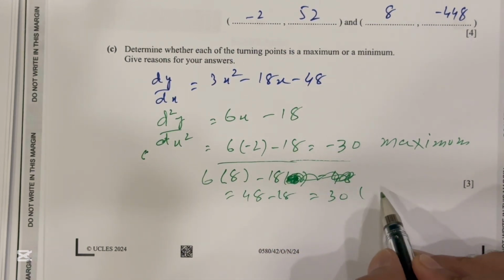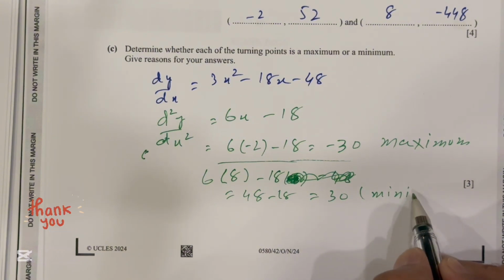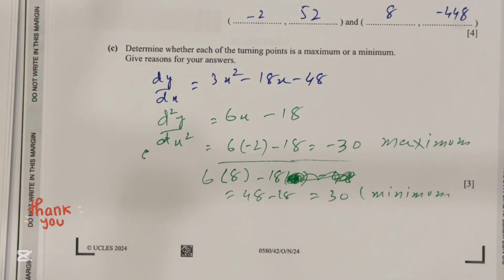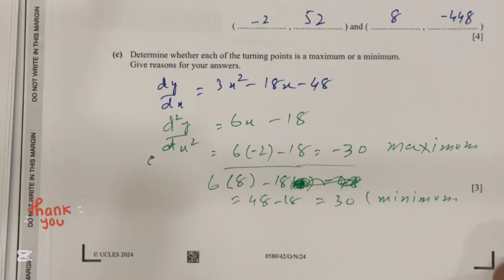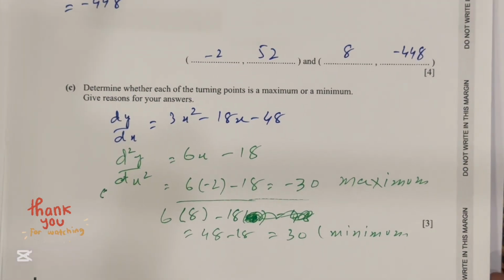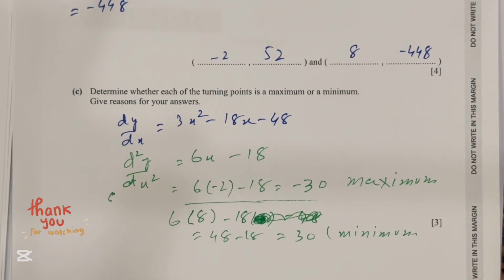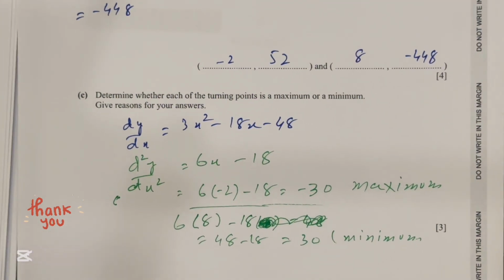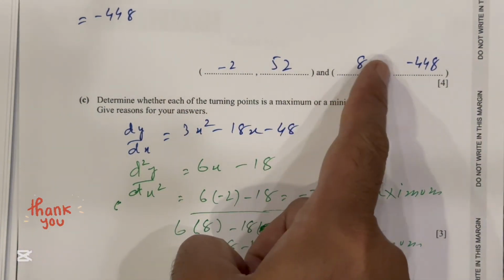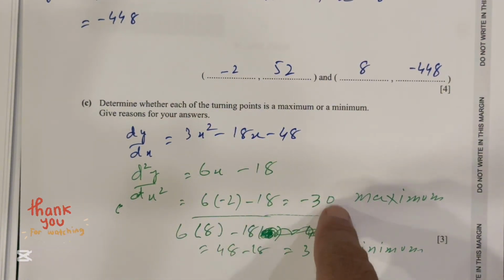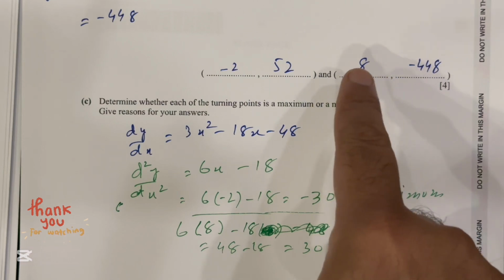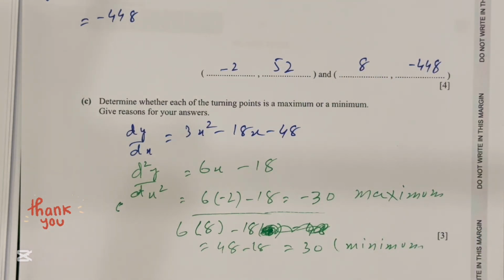So this value is minimum. So this is how you have shown the maximum and minimum value for the above question by taking the second derivative of it. After taking the second derivative, you substitute the values of x, and if your answer comes negative, this is a maximum value. If your answer comes positive, this is a minimum value.